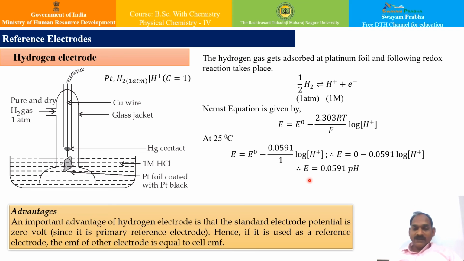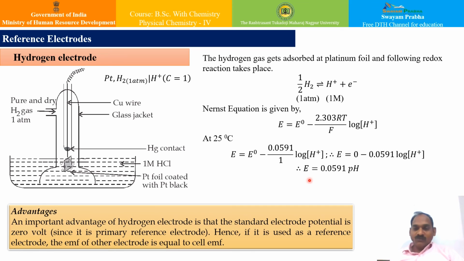Now, what is the important advantage of this particular cell? The important advantage is that the standard electrode potential is 0 volt, since it is the primary reference electrode, and hence if it is used as a reference electrode, the EMF of the other electrode is equal to the cell EMF.